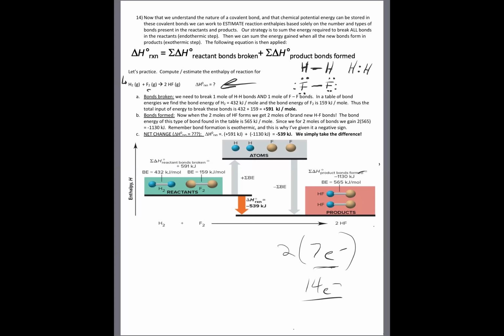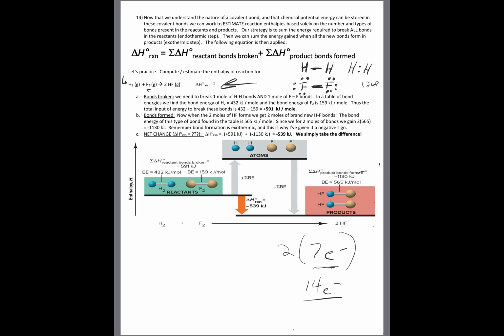So 1, 2 lone pairs, 3, 4, 5, 6 lone pair electrons, I should say. 7, 8, 9, 10, 11, 12. So 12 dots, which represent those lone pair electrons. And then I've also got this line right here.